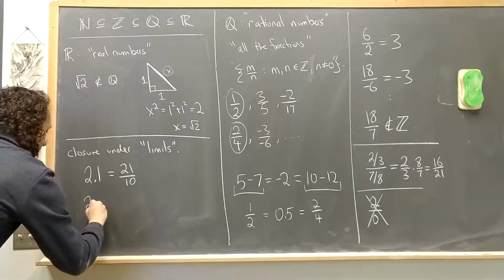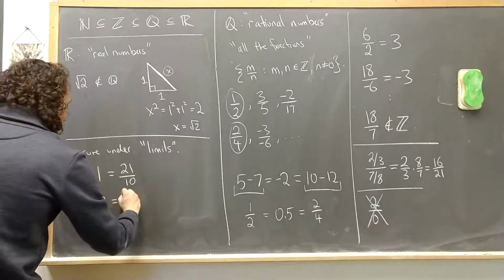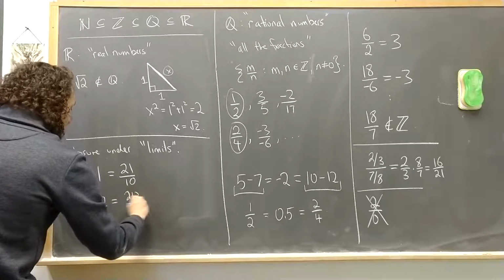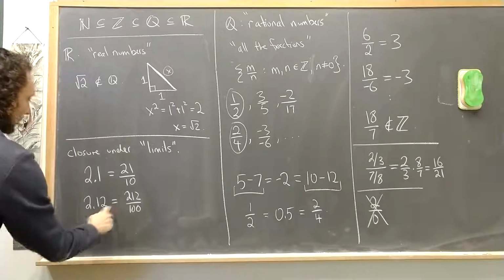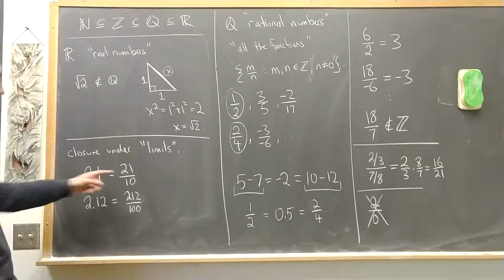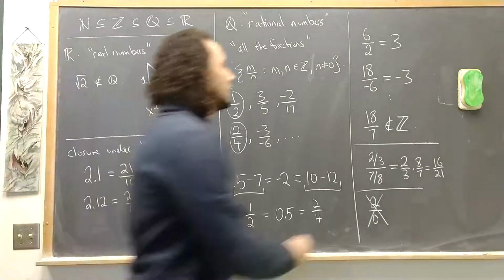I can also write down a number like 2.12. And this could also be written as a fraction. This is equal to 212 divided by 100. And no matter how long of a decimal I write down, I can always write it as a fraction by dividing by an appropriate power of 10.